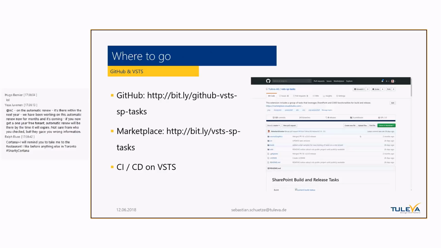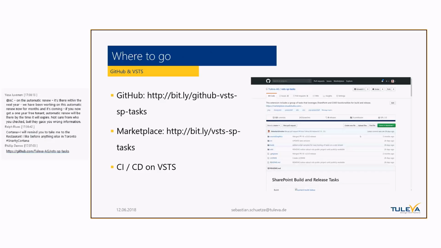I just noticed that there is an MVP who just published another task like this for PnP PowerShell. And this extension gives you the possibility to use PnP provisioning XML or inline PowerShell to deploy things.